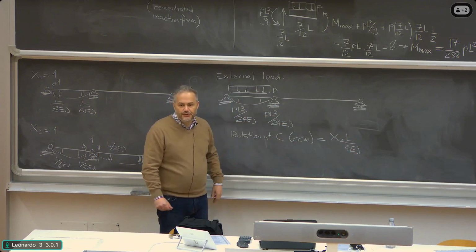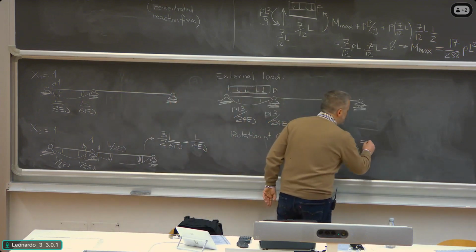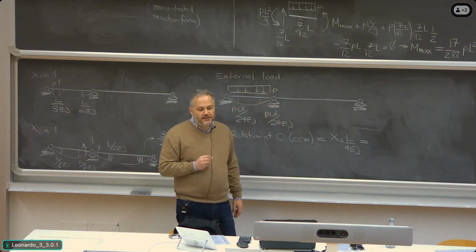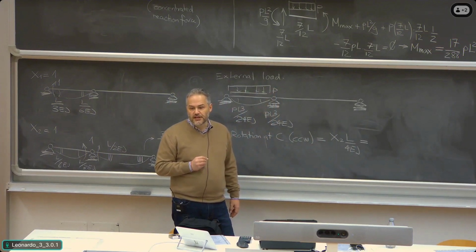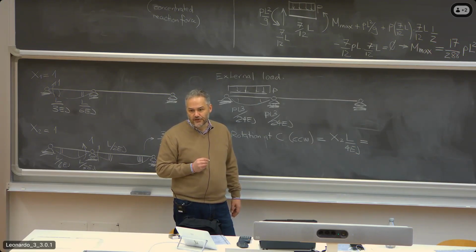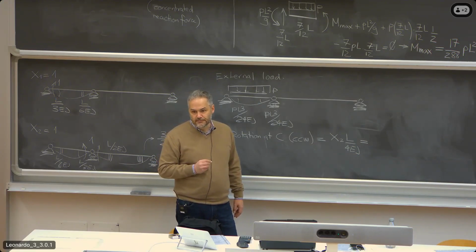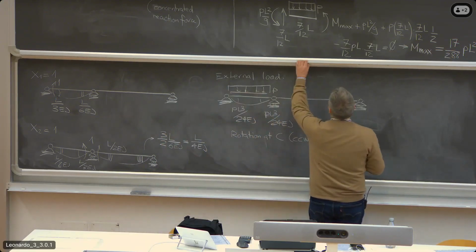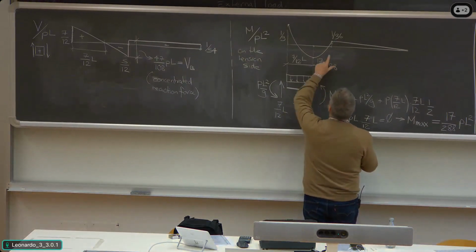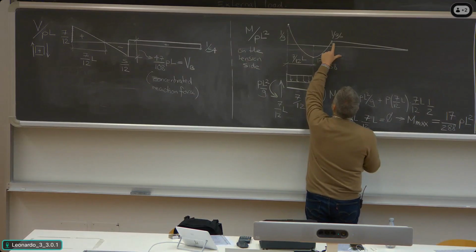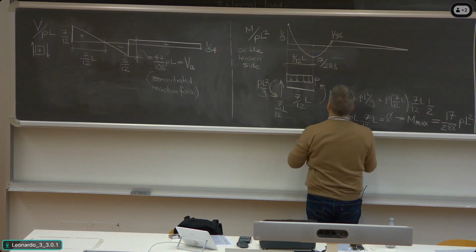Now we replace x2. What is the value of x2? Value of x2, as we found it out previously, is minus PL squared divided by 36. Remember? You have it also here. It's minus, tension at the top.